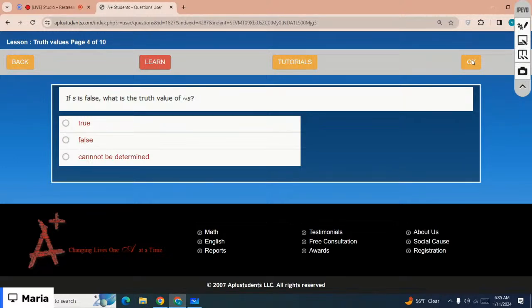If S is false, what is the truth value of negation of S? So when S is false, the negation of S is true, right? The correct option is true.